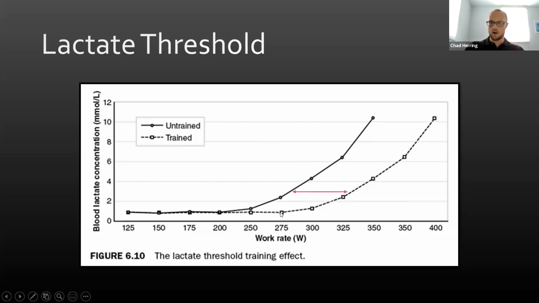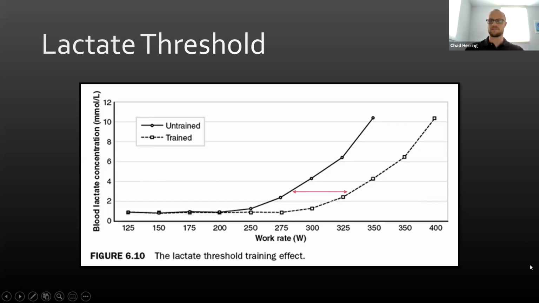If we are working at the same work rate, let's say 300 watts, like you hop on a bike and you're training at 300 watts, the untrained individual produces 4.23 millimoles per liter of lactate, as compared to a trained individual producing about 1.5 millimoles per liter. So what does that signify?